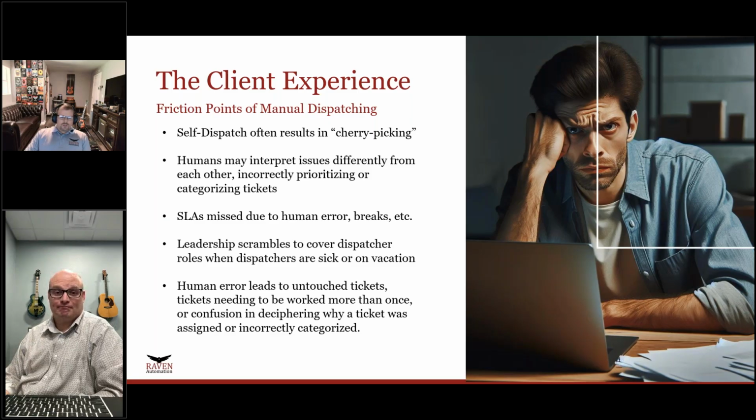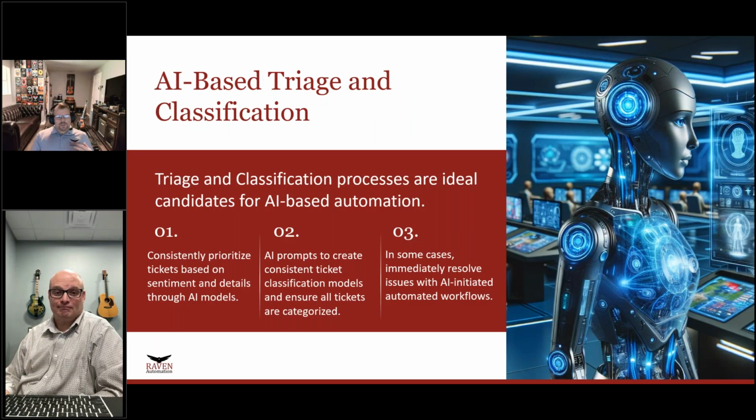Absolutely. So let's look at what happens when you can leverage things like AI to handle some of the triage and classification process. First, the immediate benefit is if you're using AI to do this, you're going to get consistent results. You'll get consistently prioritized tickets, and you can leverage that based on sentiment analysis for the tone of the message, as well as the details inside of the ticket notes themselves.